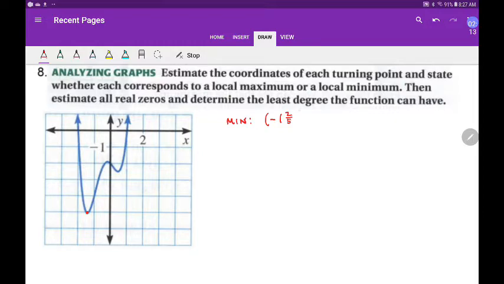And it's down, it looks pretty close to negative 5. But it might be a little bit more. Maybe 5 1/5. We're just guessing here. It might be exactly negative 5.